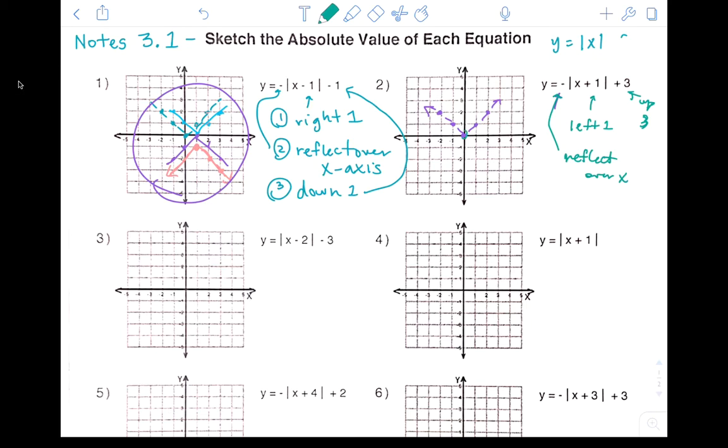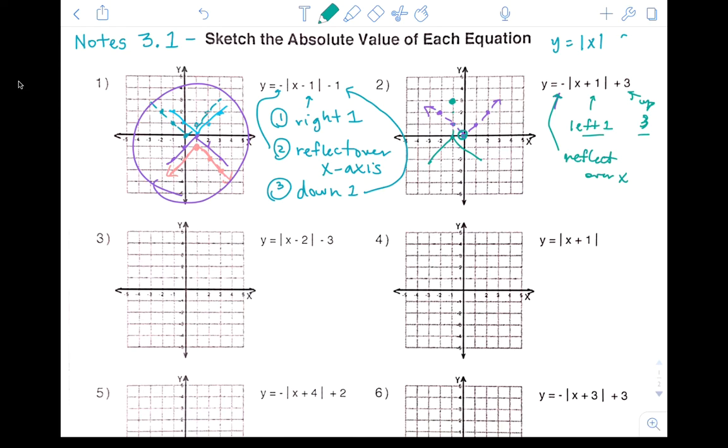All I really need is this starting point and how it's shifting. If I go left 1 and up 3, here's my new starting point. Now, I could totally do left 1, reflect over x, and then up 3.